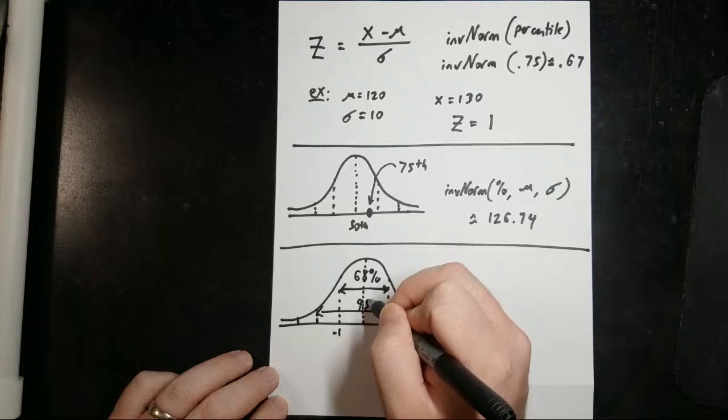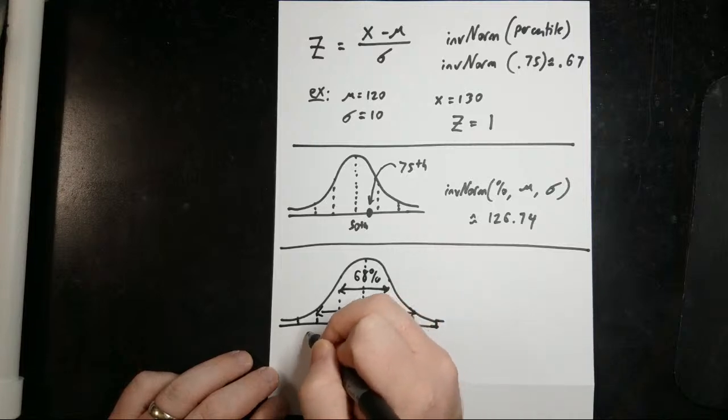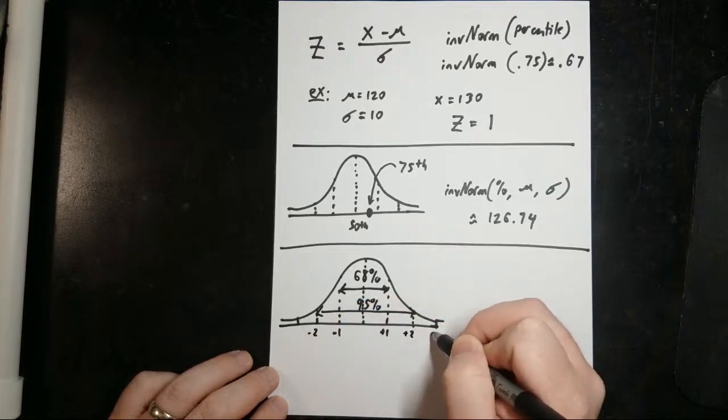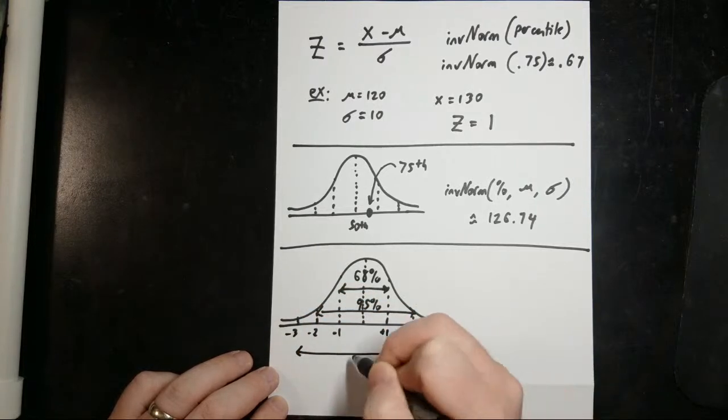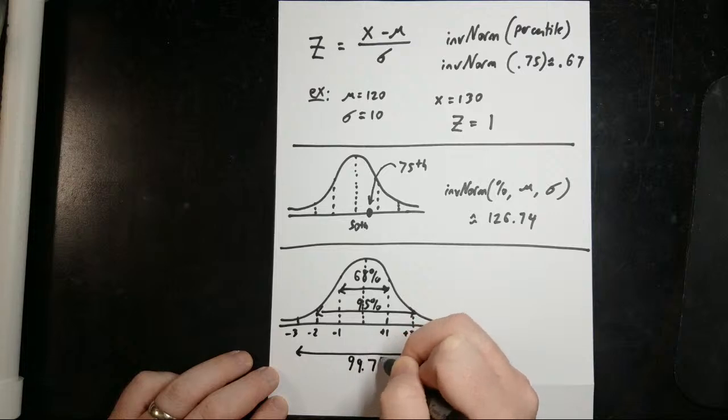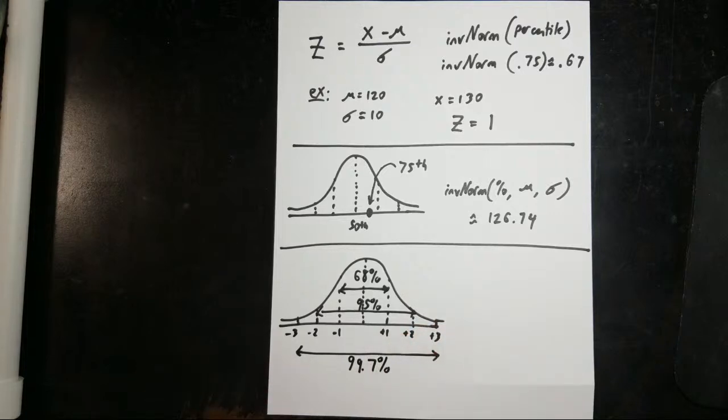Between -2 and +2, you would have 95%. And from -3 to +3, you would have 99.7% of the data. Now, this is the empirical rule. These numbers are approximate, not the exact values.